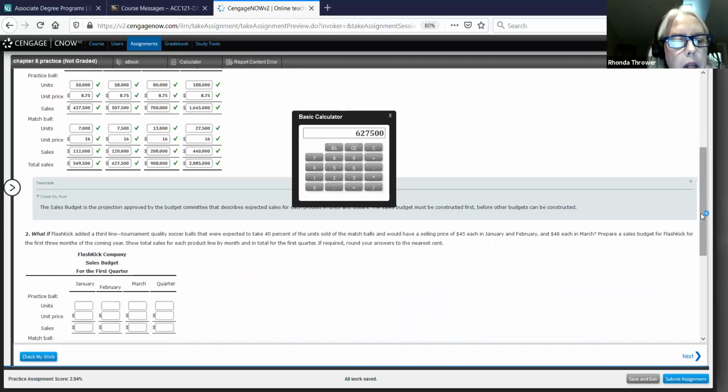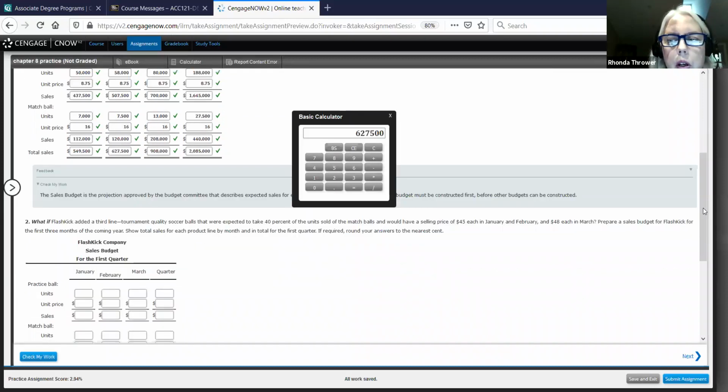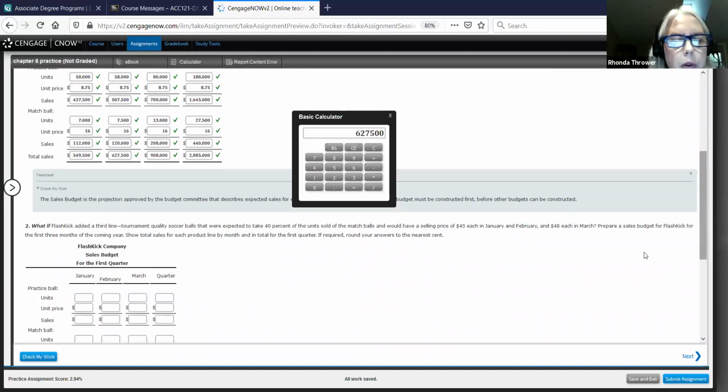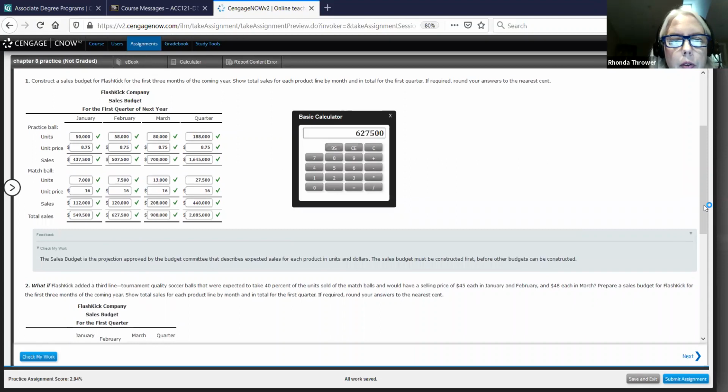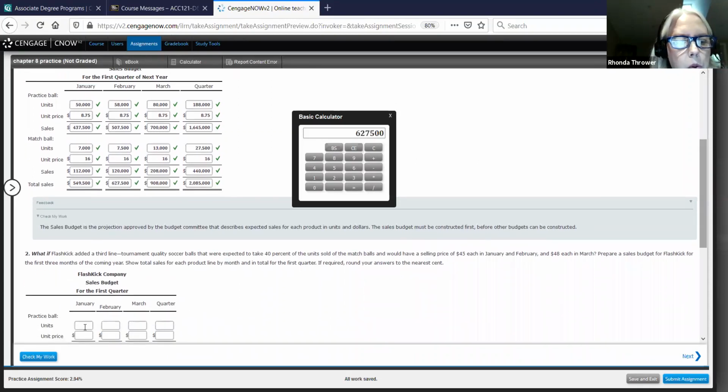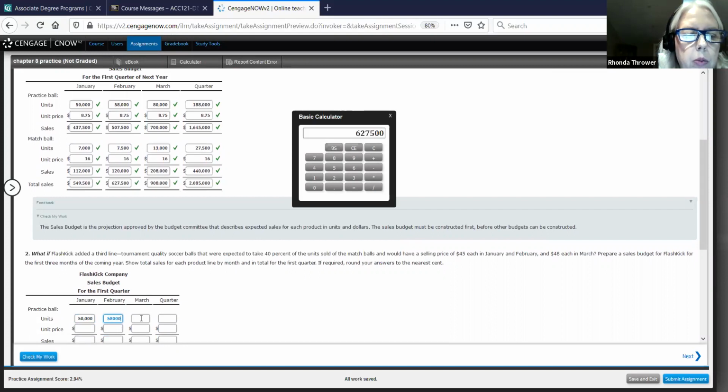All right, basically it's the same thing. You're starting out with the practice balls. So it's the very same thing that you have up here. So forgive me, I'm gonna be flipping back and forth a lot on this one, but I'm just bringing down, copying the information from above. So it starts out basically the same.